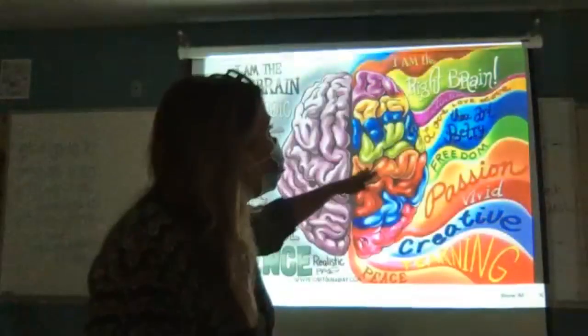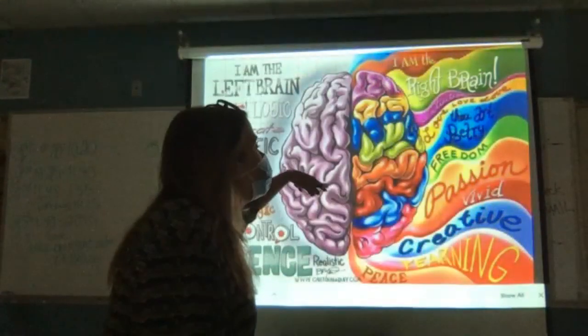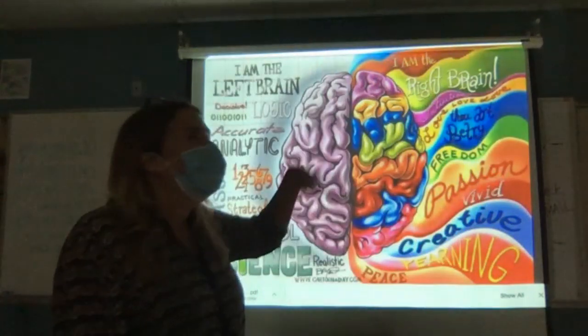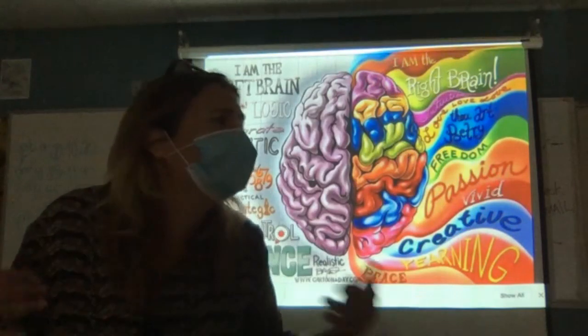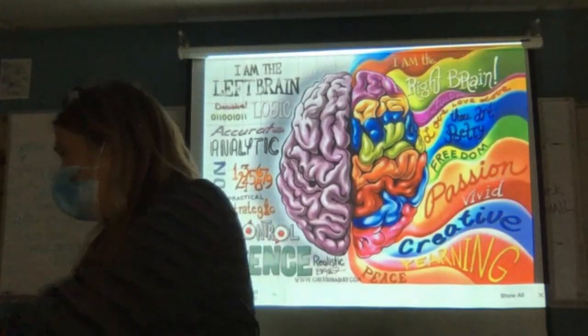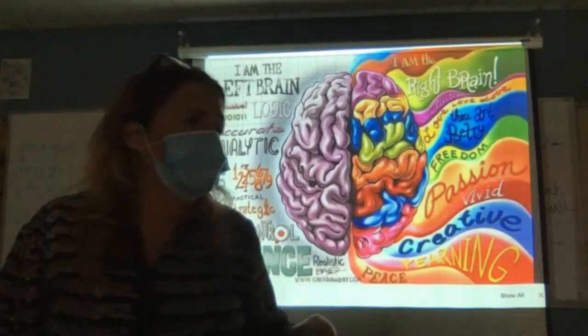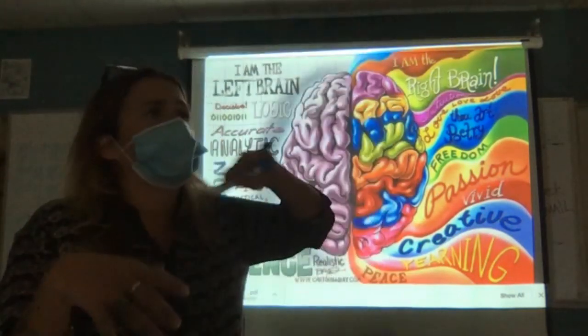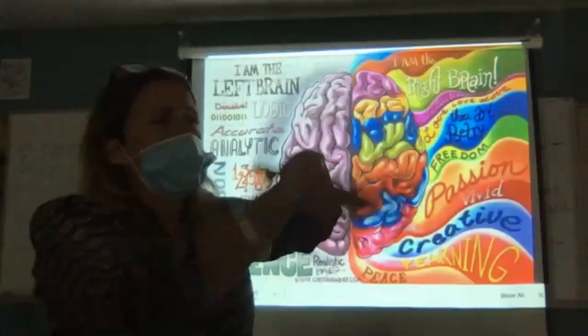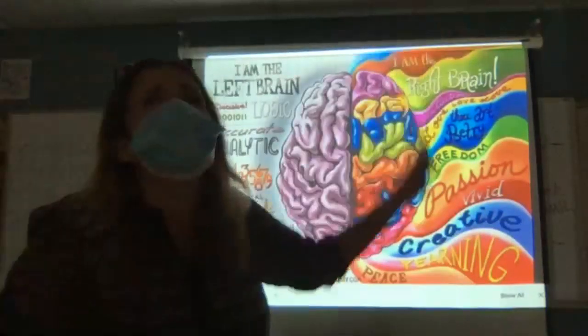Okay, well then we have this right side of your brain. Your right side of the brain is just free. It's not walking in a straight line. There's no order. Clothes are everywhere. In your kitchen, you might have the pots and pans with the bread, there's no order anywhere.